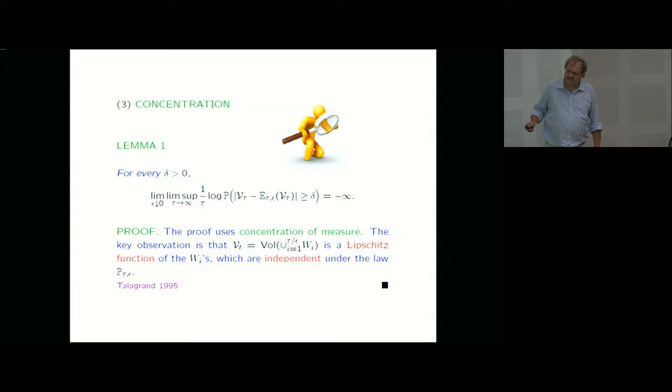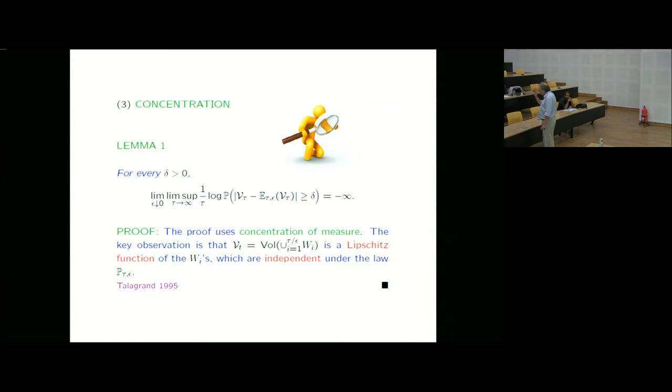It says, if you let tau go to infinity and epsilon go to 0, so you're looking at many very short excursions, then this conditional expectation given the skeleton will be very close to the actual volume. And that comes from the fact that the excursions are very short. If I punctuate my Brownian motion with very many short excursions, this whole discrete skeleton should be a fantastically good approximation of the whole Brownian motion itself.